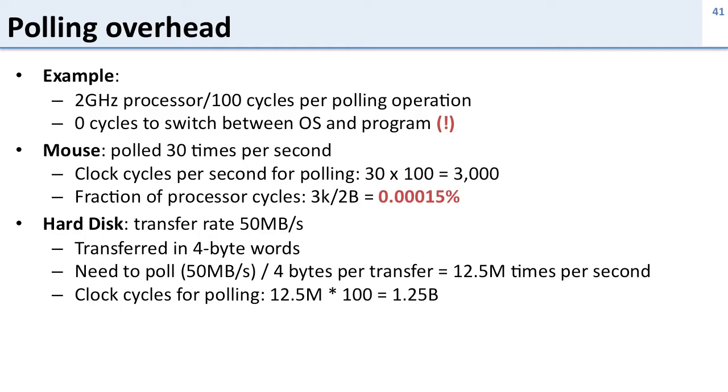Each polling takes 100 cycles, so that's 1.25 billion cycles per second to do this transfer. As a fraction of our total processor cycles, that's 63% of the processor cycles just to transfer this data. Clearly this is a ridiculous amount of the processor time for transferring data from the hard disk.